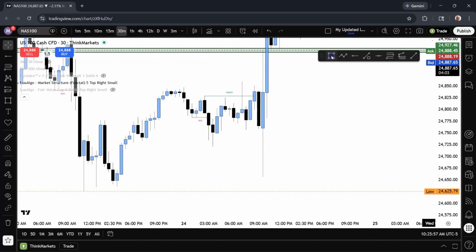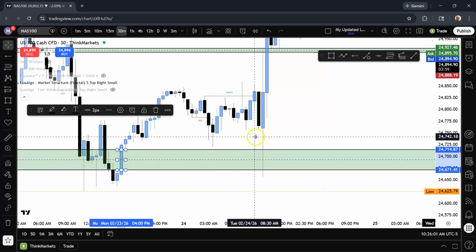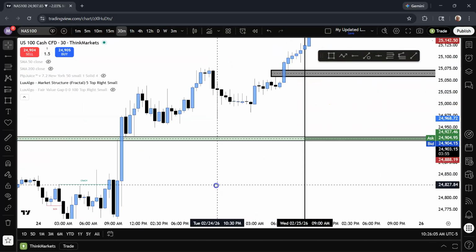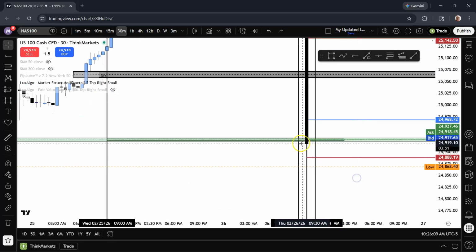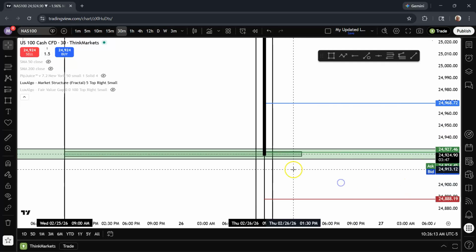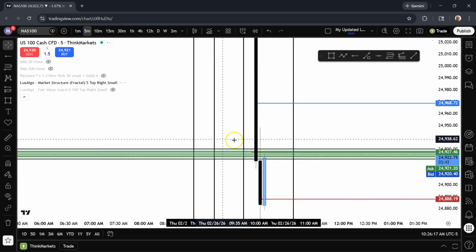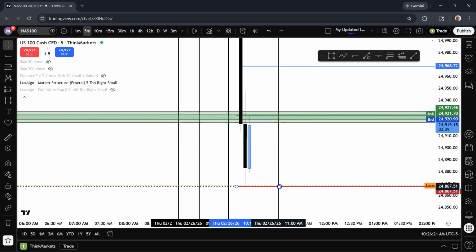There was one right here, but it's been mitigated already by this wick right here. It came and filled that gap and went back up, but it left a small little gap there. Probably why. It's filled. So if that's been filled, good things can happen. Let's see.